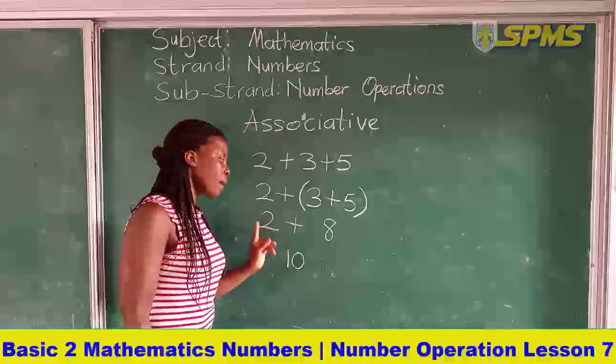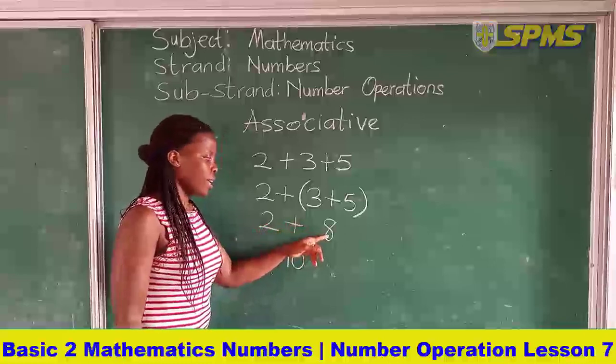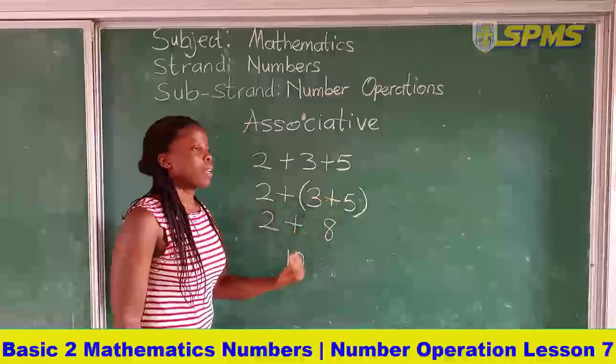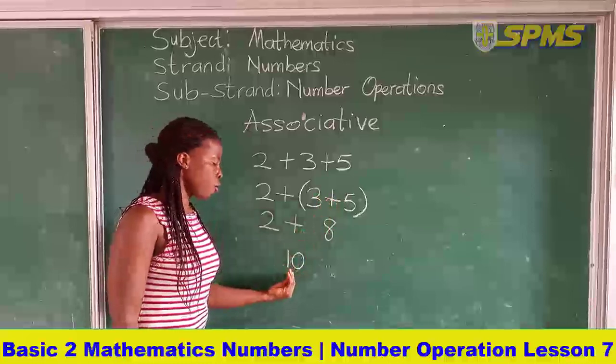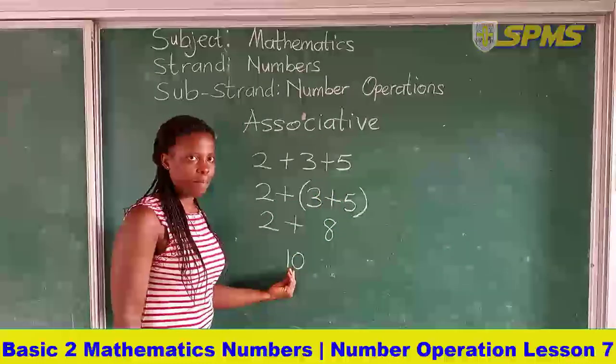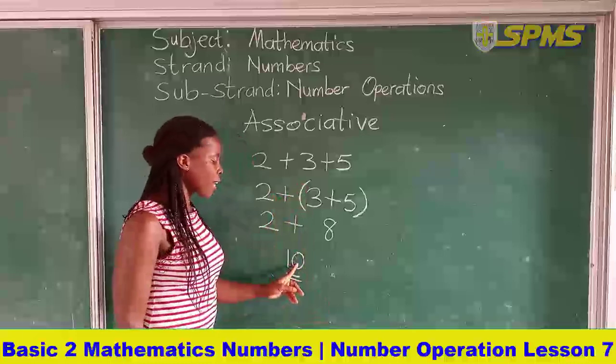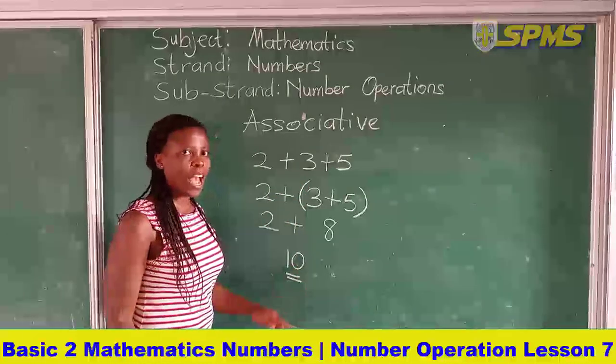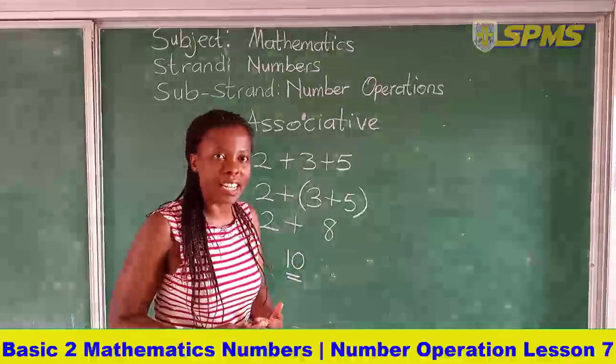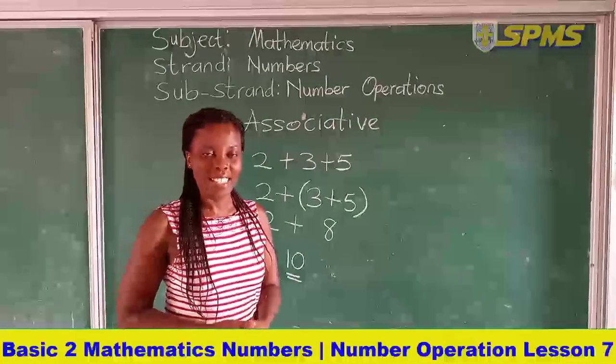So after adding the number outside the bracket to the number you got from the bracket, you get your total or the sum. And this is what I have done. This is my final answer, 10. So I have associated my addends.